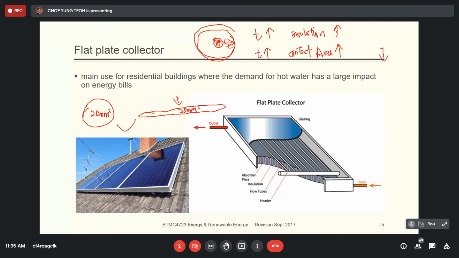But in XRG, we just learn very general terms: insulation cannot be too thick, cannot be too thin. What is the optimum value? We can just refer to thermodynamics, or maybe other engineers, as this is just an introduction course for renewable energy, just to let you know. Okay, other than that, what else do we have on this?